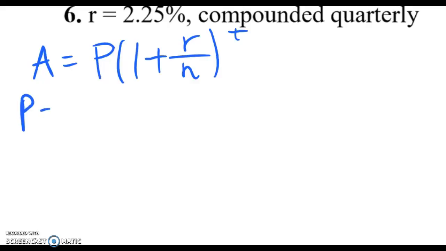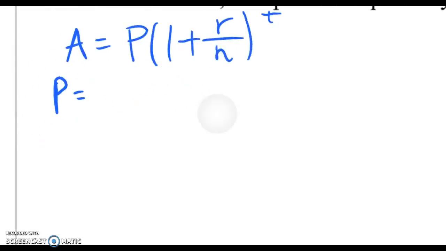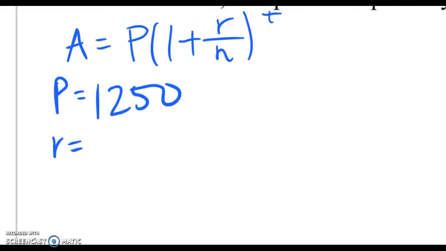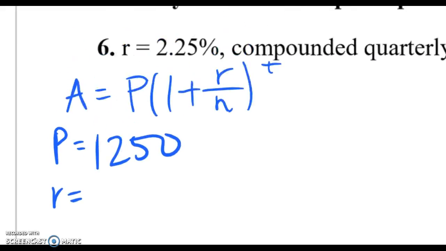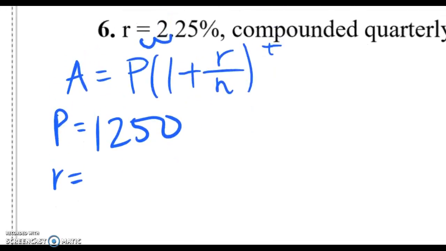P is the principal, which they told us was 1,250. R is our rate, which is 2.25%. We need to remember to turn that percent into a decimal. In order to turn it into a decimal, we need to move this decimal point 2 places back. So we would have 0.0225.